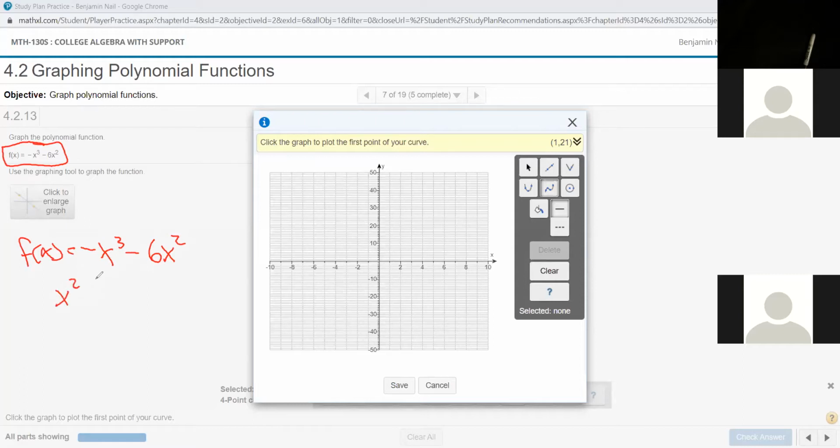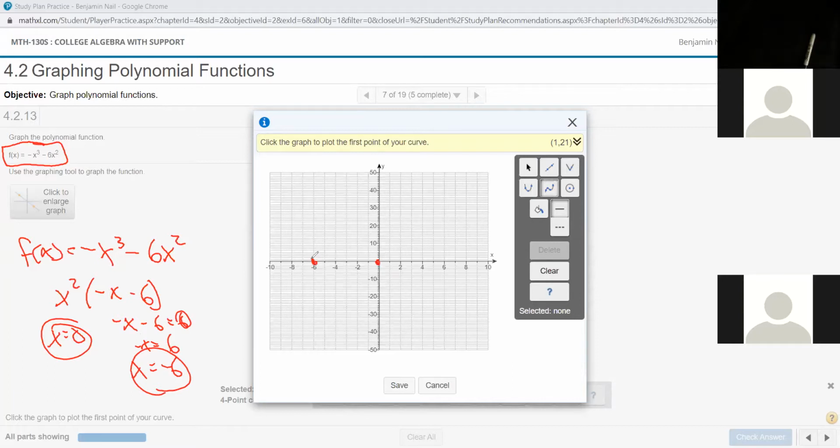If I factor out an x squared, that leaves me with negative x minus 6. So that means my zeros are going to be at 0, and setting negative x minus 6 equal to 0, x is going to equal negative 6. So my zeros are going to be at 0 and at negative 6.